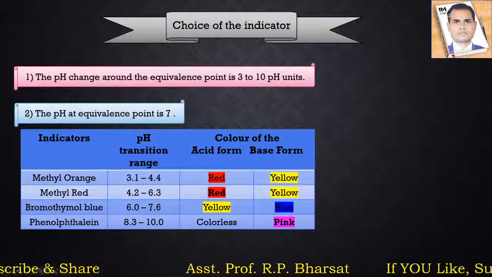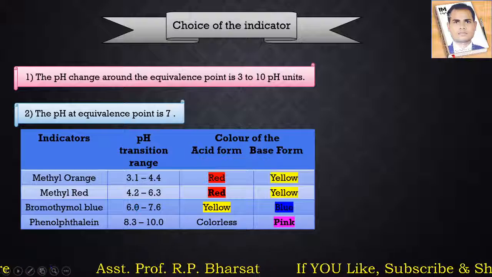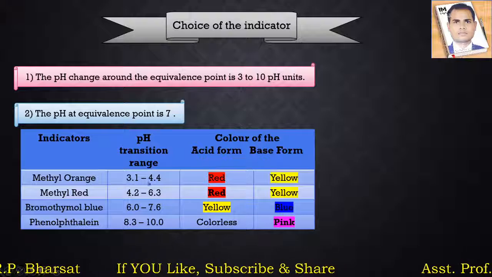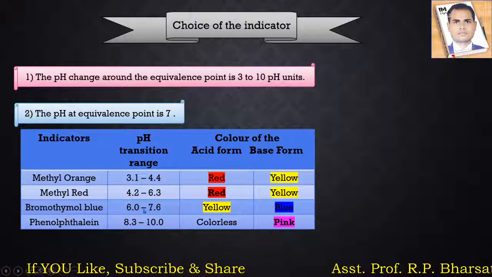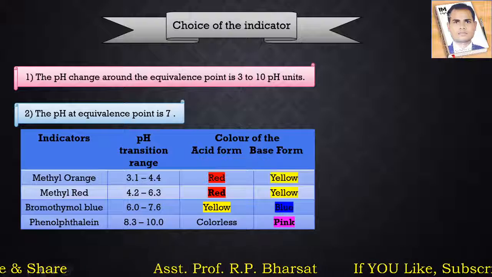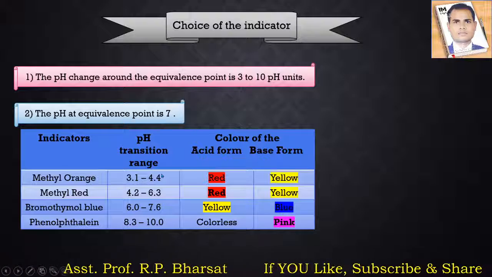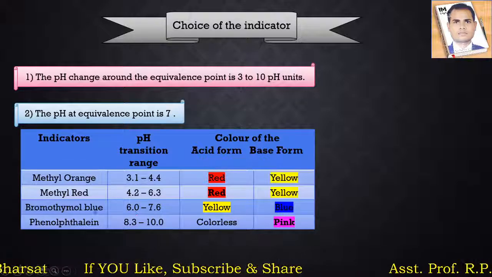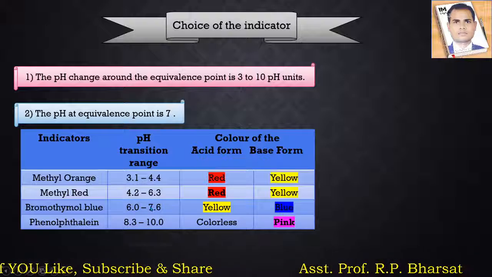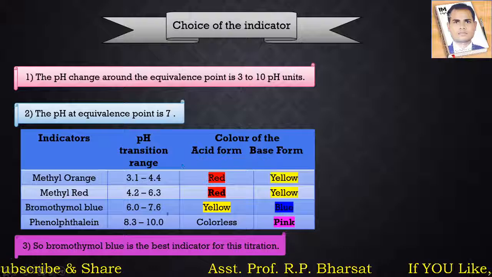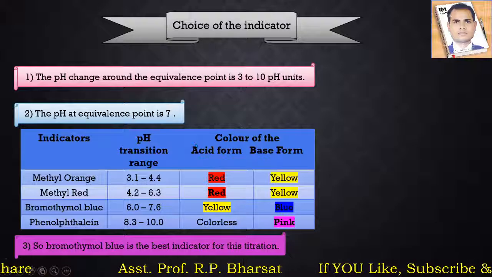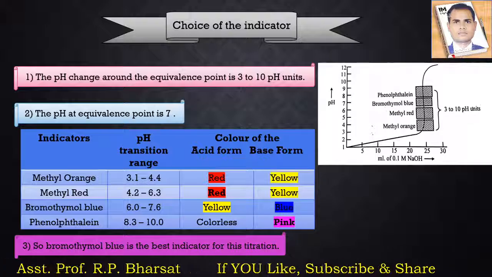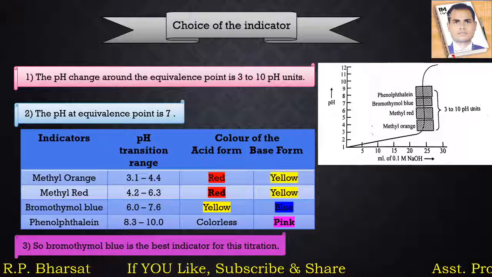The equivalence point pH is 7, so you can simply identify that 7 falls into the 6 to 7.6 range, so bromothymol blue is the best indicator for this kind of titration, strong acid and strong base.